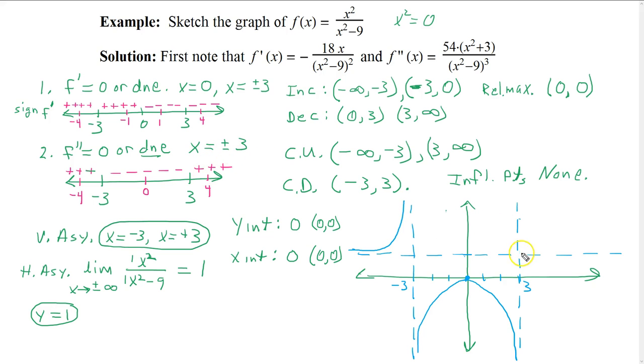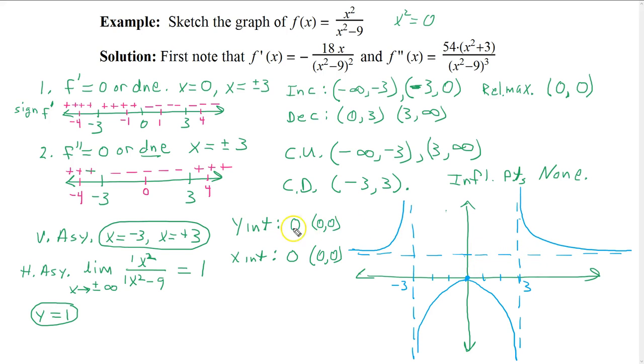Well, the only way we're going to be decreasing from this vertical asymptote is if we come down from positive infinity, and then we have to hug that line. So we have to come down, remain concave up, and then start getting close to that dotted line. And there, that's what the graph of our function looks like.